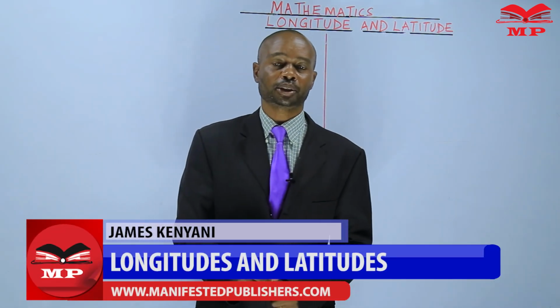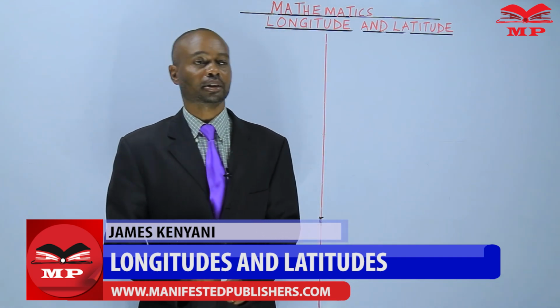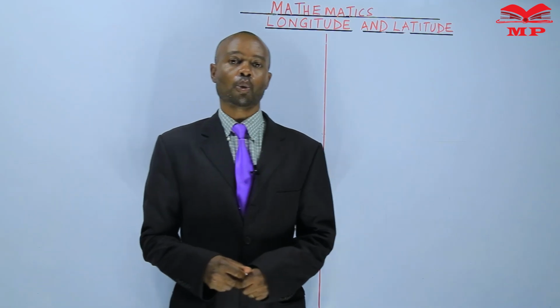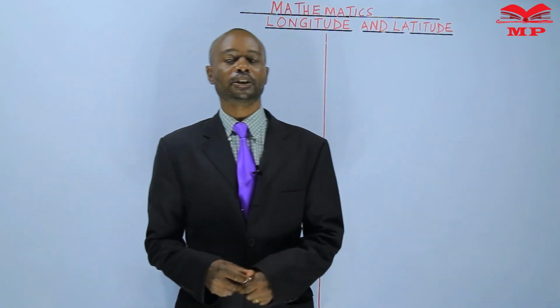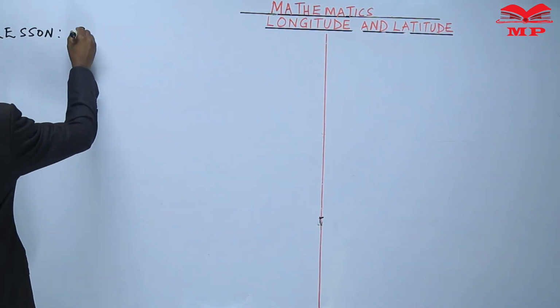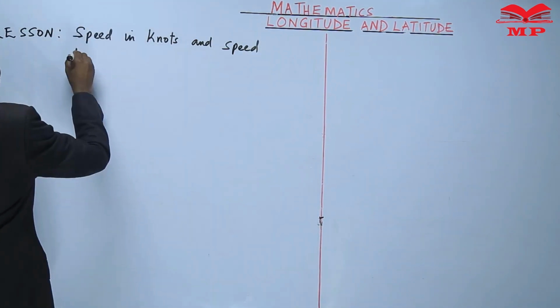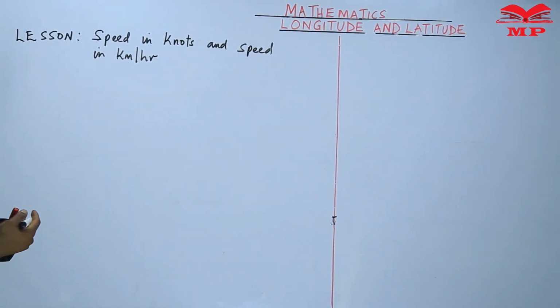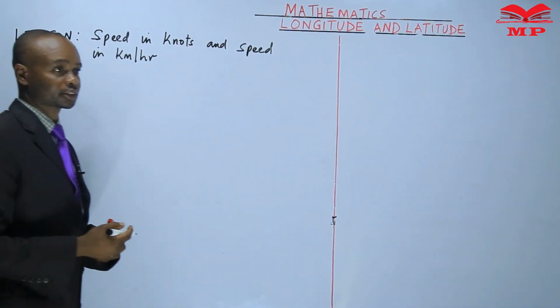We are going to proceed ahead with our topic, longitude and latitude. In today's lesson, we are going to look at speed in knots and speed in kilometers per hour. So Lana, it is speed in knots and speed in kilometers per hour.